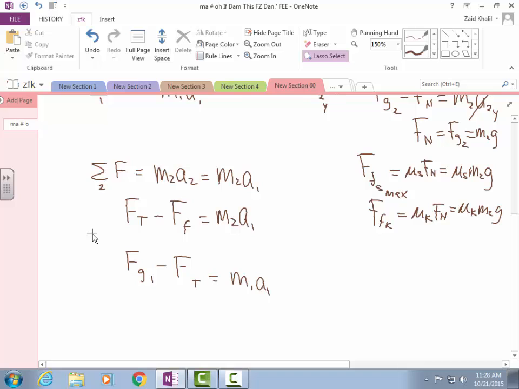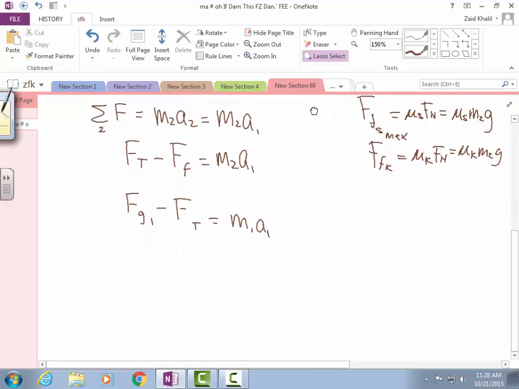What do I not know anything about? Tension. So let's eliminate that first. How do I eliminate that? By add them. You can solve by substitution if you like inefficient methods. So what do you get here? Fg1 minus Ff is equal to?